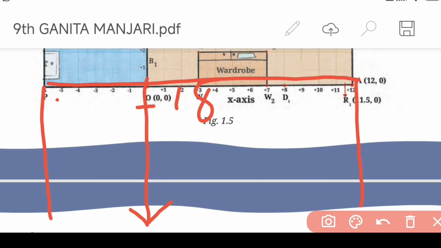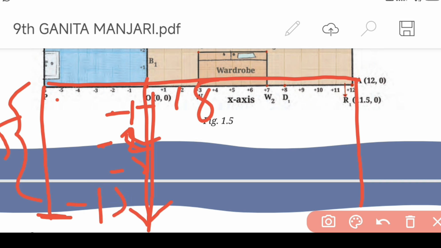So here it will be minus 1, minus 2, minus 3, like that it should be downwards, until he is asking the width is 15 units. So this will be 15 units, the last point should be minus 15.